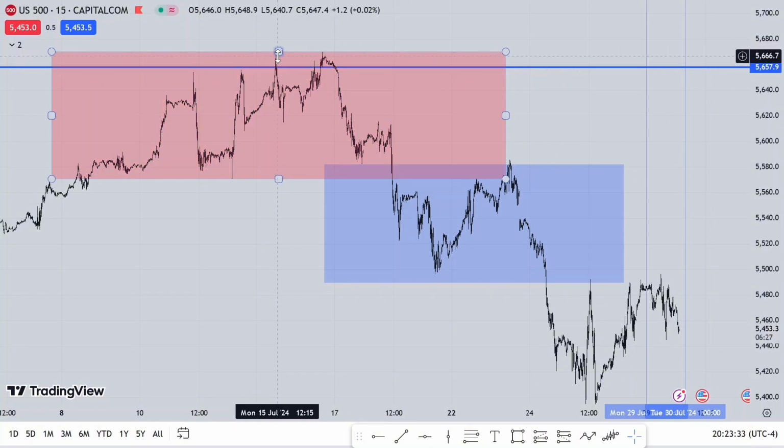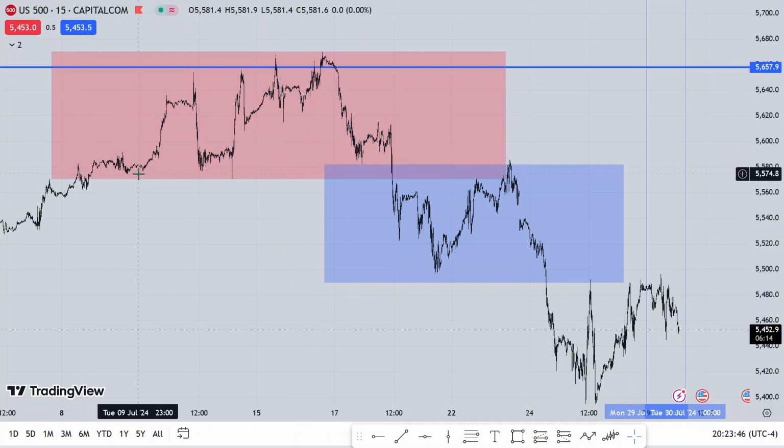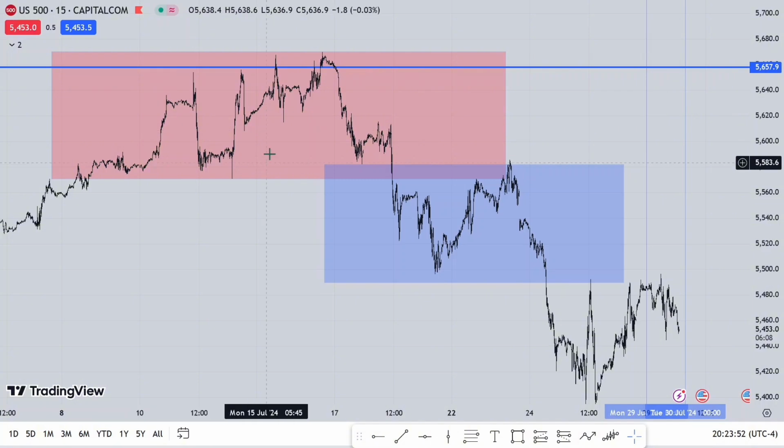So you have to go into your chart by yourself to check the relationship between the ES and the Nasdaq. So when you have that here, now this consolidation from this low to this high is the initial consolidation. So when this consolidation occurred, price dropped lower, and then you had this first stage distribution.